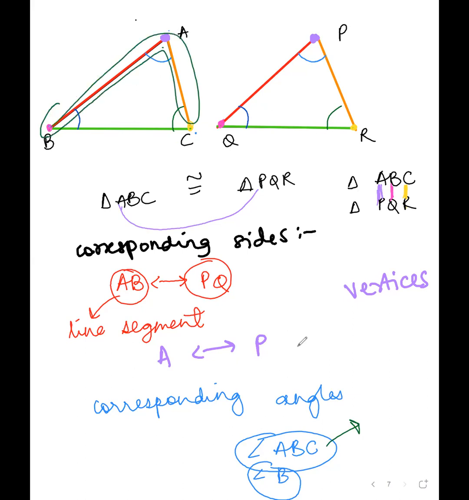Why do we name it like that? Because when you say BAC, your gaze should shift from B to A and then C. So angle BAC means angle A. Where is it forming the corner? It is forming the corner at A. So this is angle A. Angle BAC does not mean the sides. It means only this angle over here.